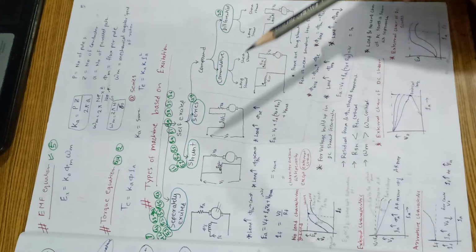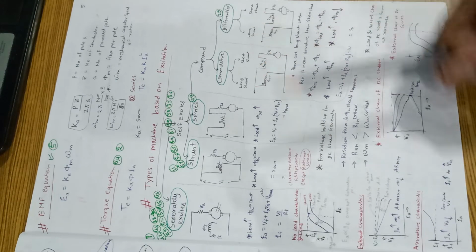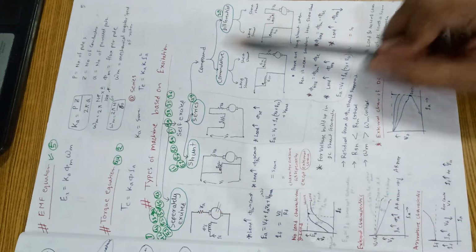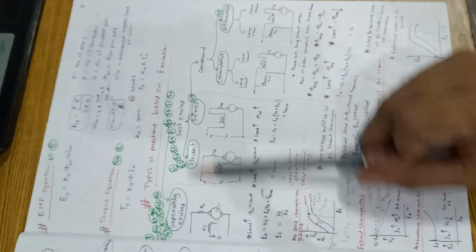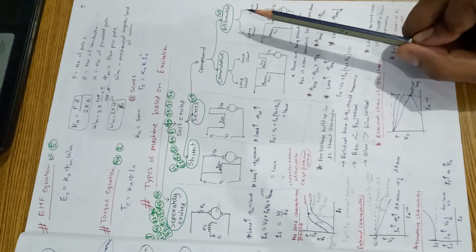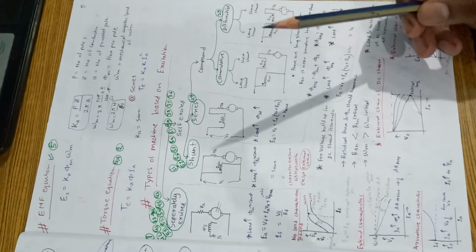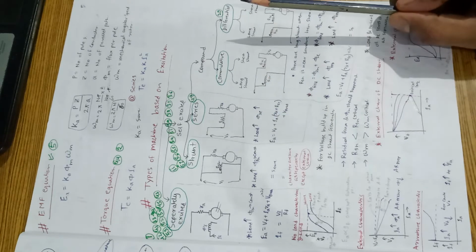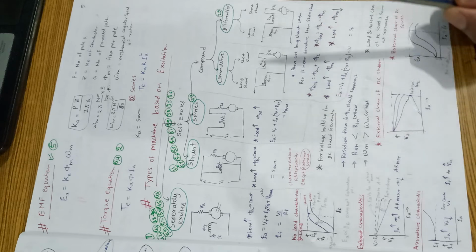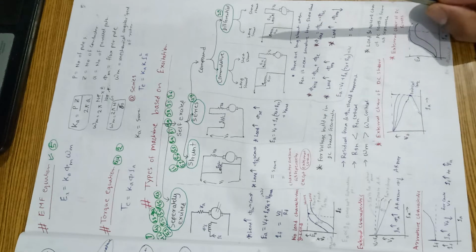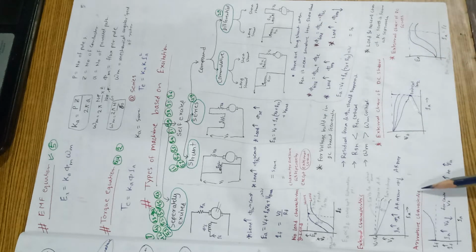When we talk about the characteristics of these four machines, what we study is the no load characteristic, load characteristic, external characteristic, and armature characteristic. The armature characteristic is also called the internal characteristic.